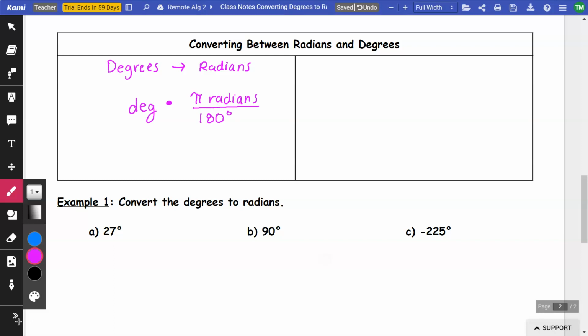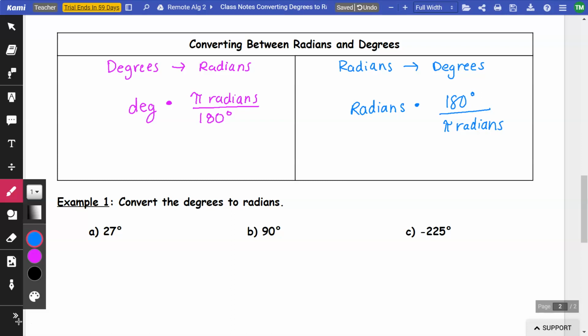We know that this will work because half of a circle has pi radians and half of a circle has 180 degrees. The reverse of that would be to go from radians to degrees. We would take our radian measure and simply multiply it by 180 degrees over pi radians. We'll talk about how this works in just a second with our examples below.